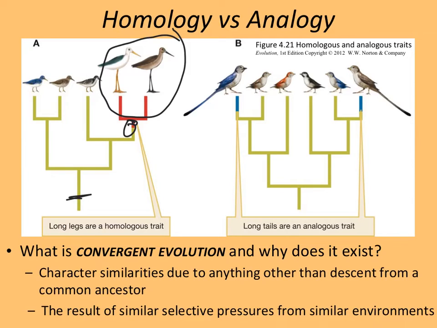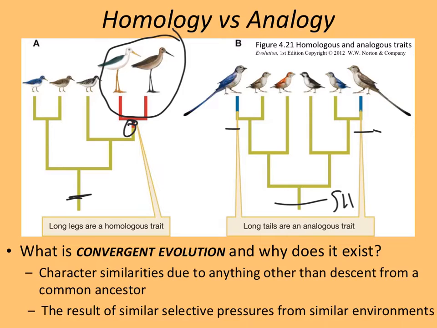Now, on the other side, though, everybody else here has short tails, right? Except for these two taxa. They both have long tails. You can think, well, why aren't we creating a phylogenetic tree? Okay.